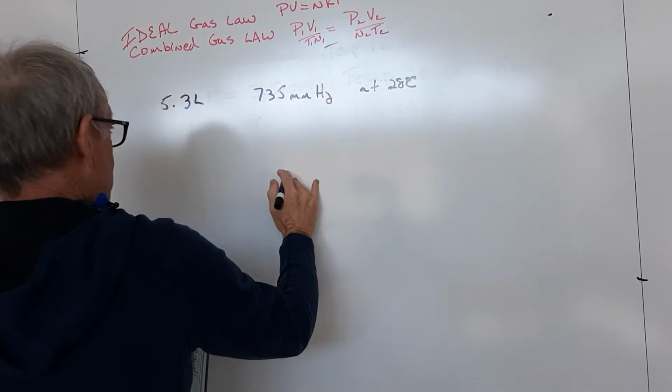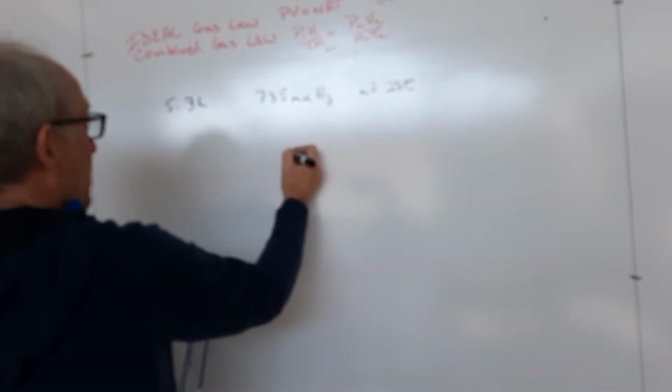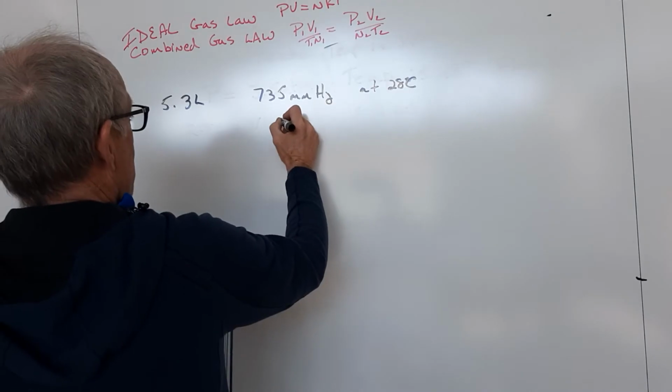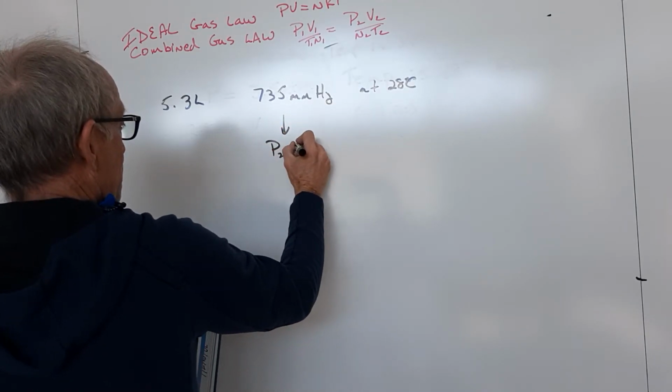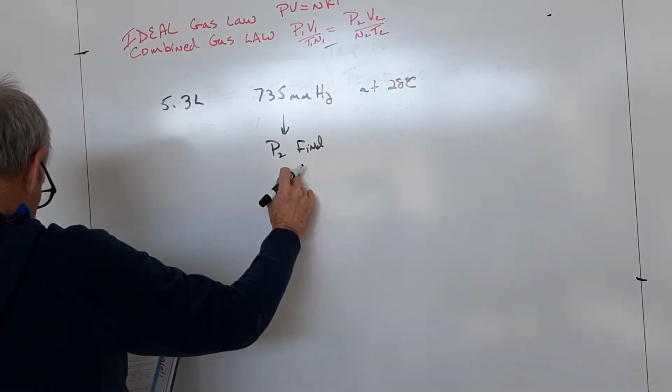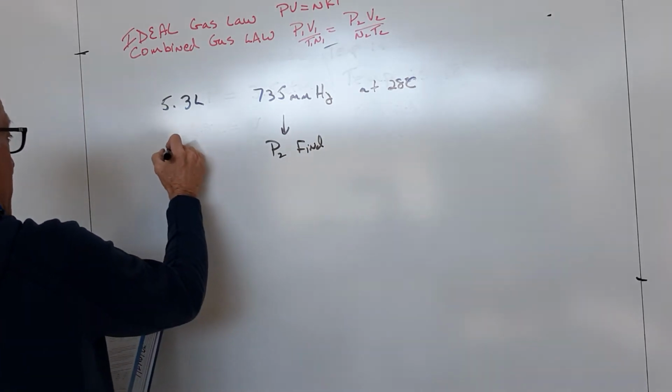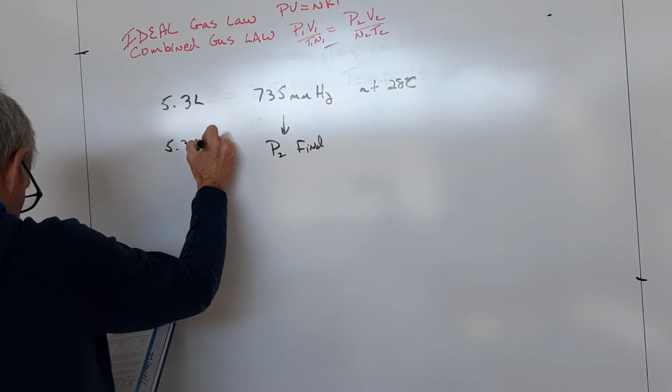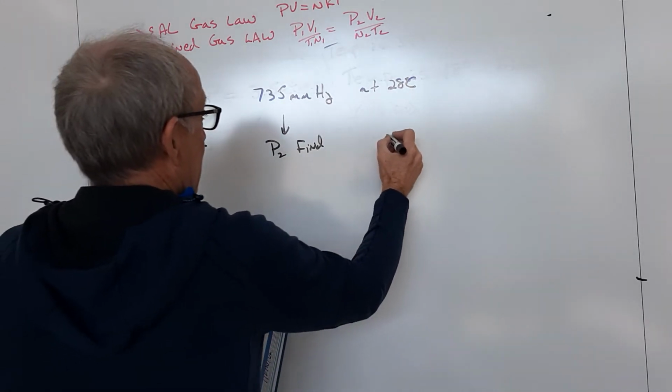What is the pressure of the sample? I want to find the pressure, P2, if the volume remains the same, but the temperature rises to 86.